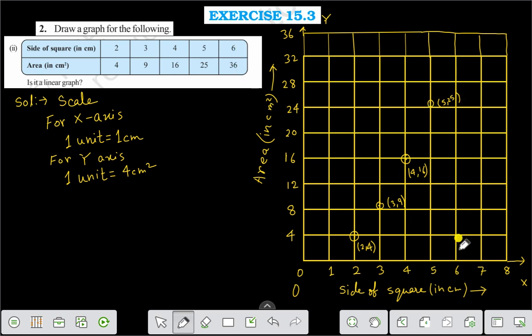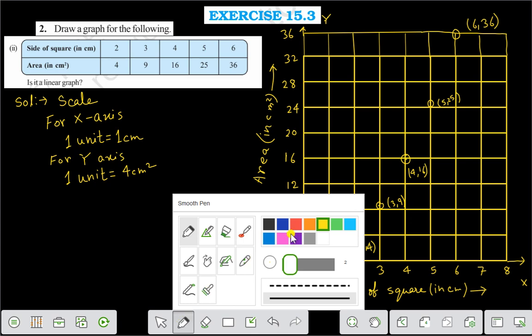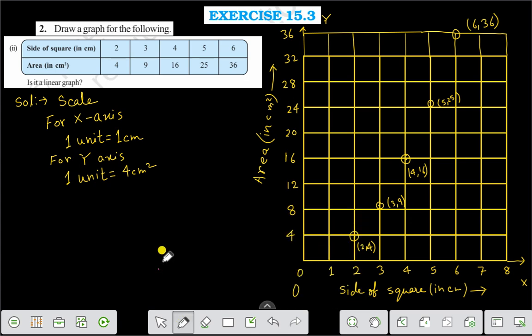Next one is 6, 36. This is 6 and this point is 36. We are getting the point 6, 36. Right? If you plot the graph, the graph will be like this.